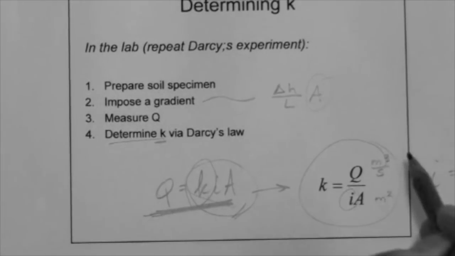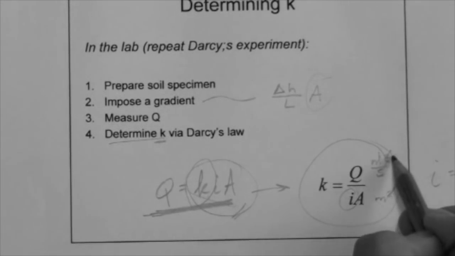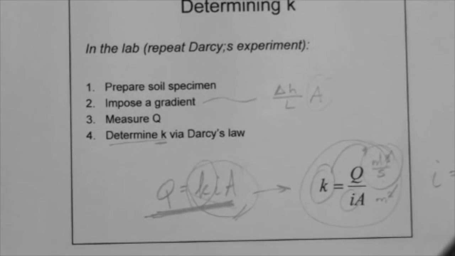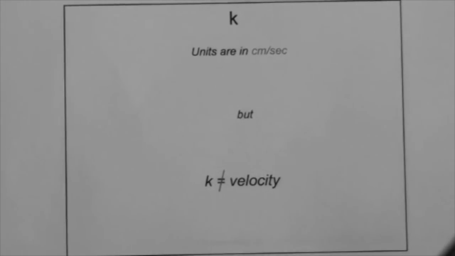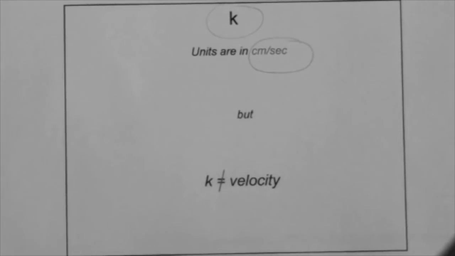No unit. So that 3 cancels with this 2 and this 1. So you end up with meters per second. K in meters per second. So the units of K are units of velocity. Generally, we report values of K in centimeters per second.